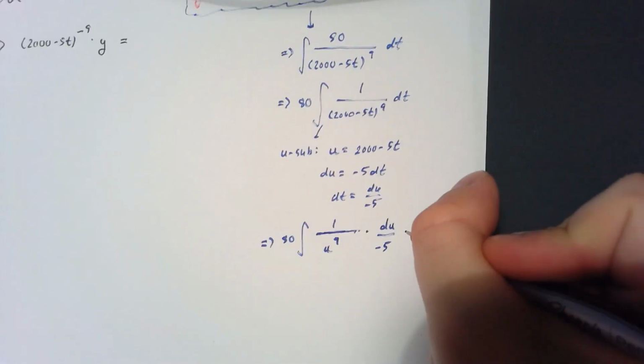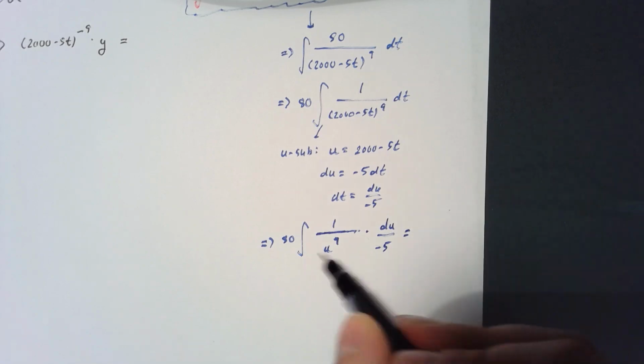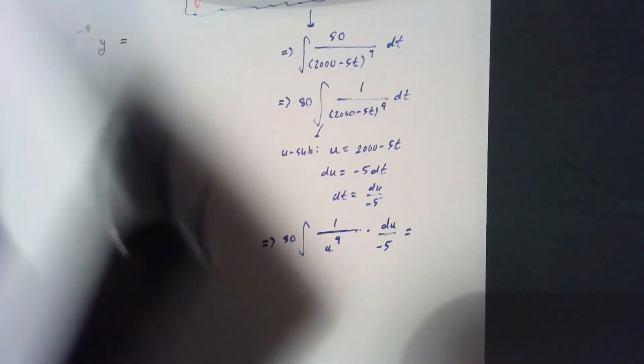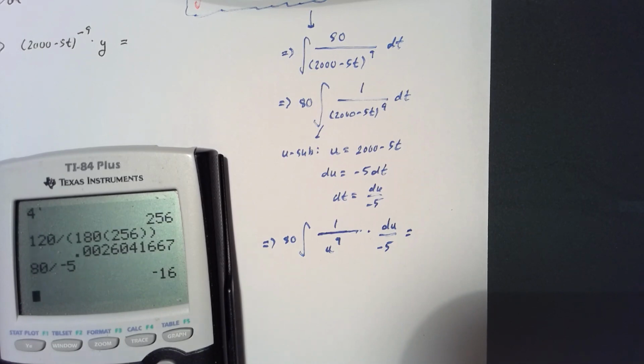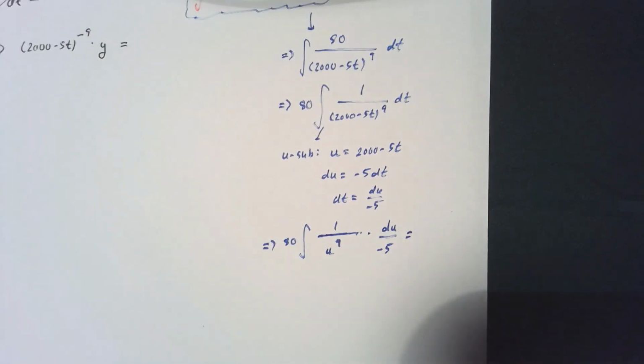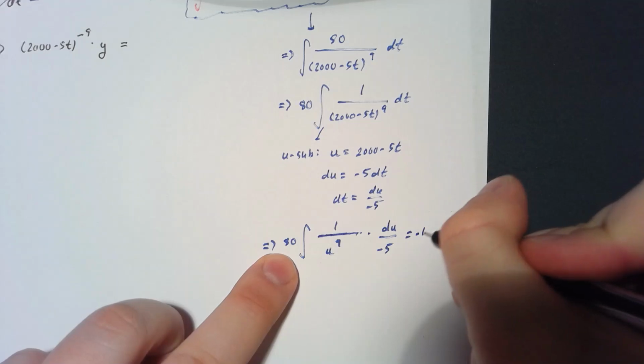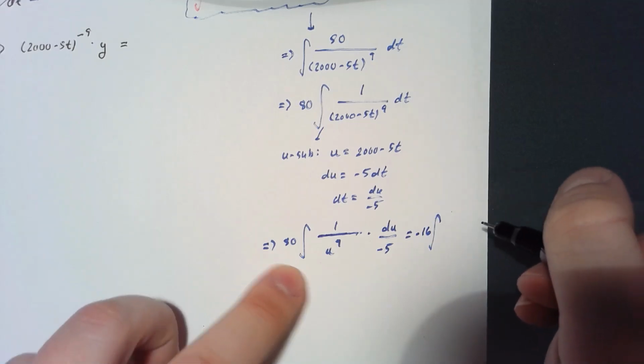Okay, so if I clean this up, I have, well, 80 over negative 5 is what? Negative 16. So this will be negative 16 integral.